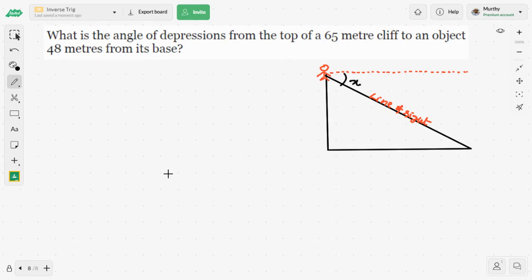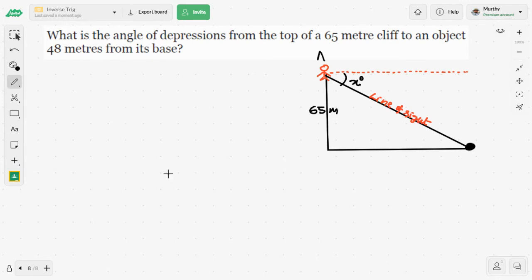Let me assume that this is x degrees. From the top of a 65-meter cliff, therefore this is 65 meters, to an object which is 48 meters from its base. Let's say that here is the object.